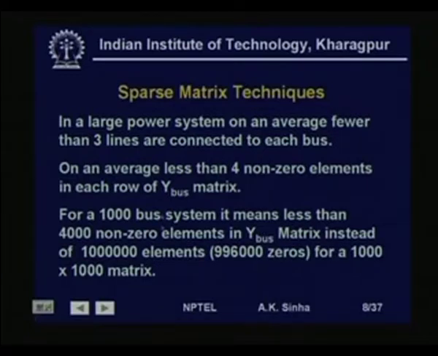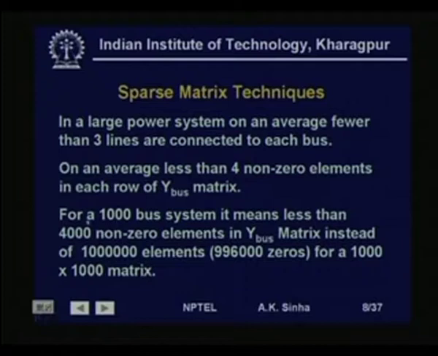That is, each bus will be connected to maybe 2 or 3 other buses in the system, which simply means that on an average less than 4 non-zero elements are there in each row of the Y bus matrix. That is, the Y bus matrix contains only 3 to 4 non-zero elements in each row.